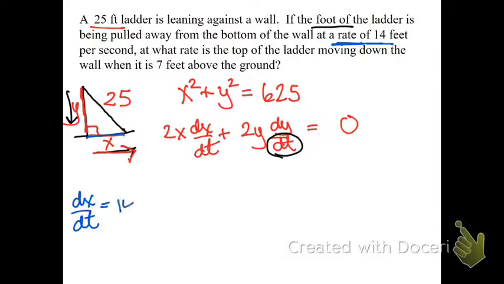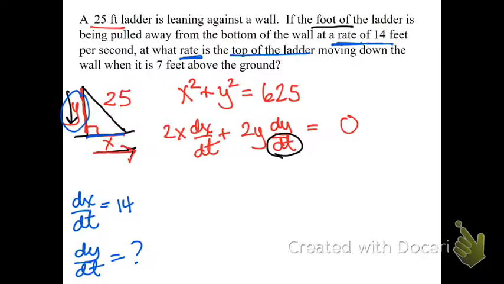You have to take a minute to think again, is it a positive or a negative 14? This length is getting bigger, so it's positive. What other rates do we have? Here's the word rate right there. At what rate is the top of the ladder moving down? So the question is, what is dy/dt? That's what they want to know. That's the unknown. And since that's getting smaller, I predict my answer better end up being a negative.